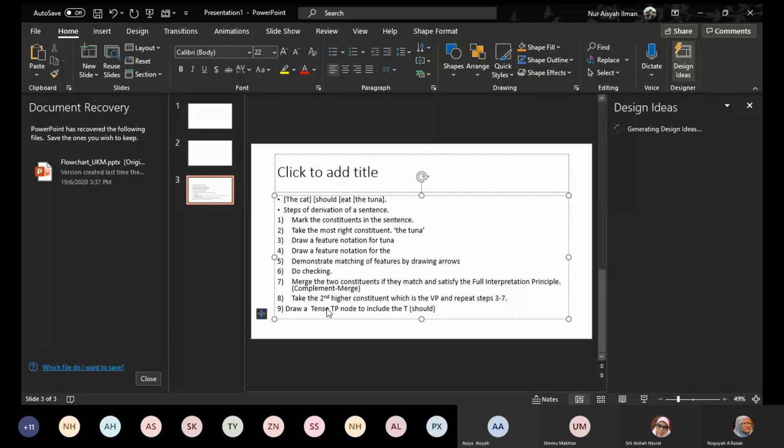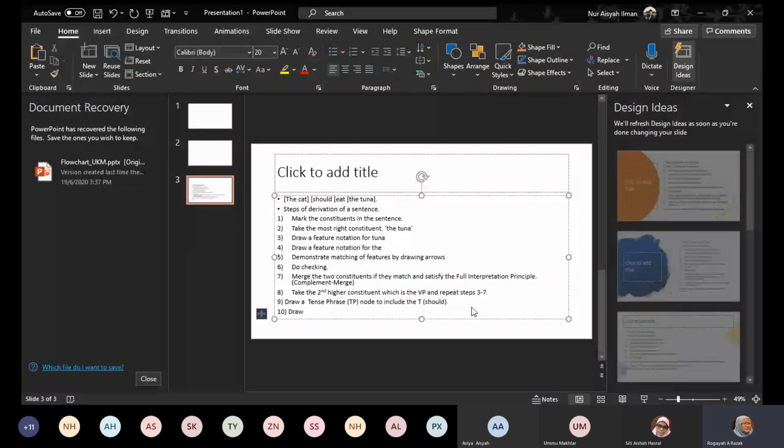Tense phrase, which is a TP node. To include the T, which is should. And then you do movement. But you have to draw number 10.